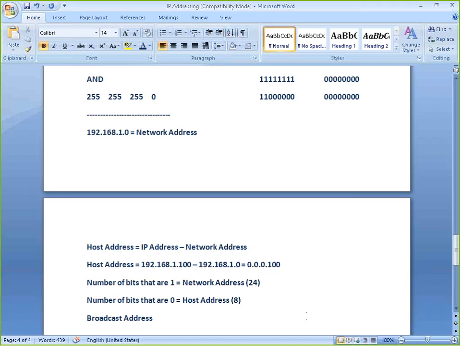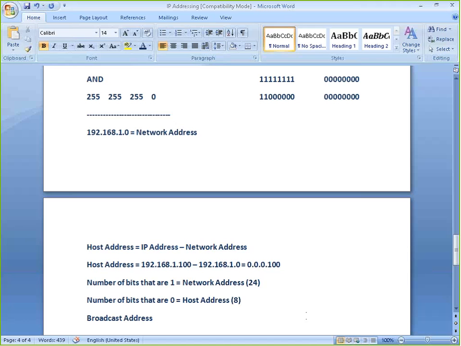Whenever we talk about a network address, it will contain a lot of different addresses inside it. All of them are IP addresses, but the last one out of that list is the broadcast address.